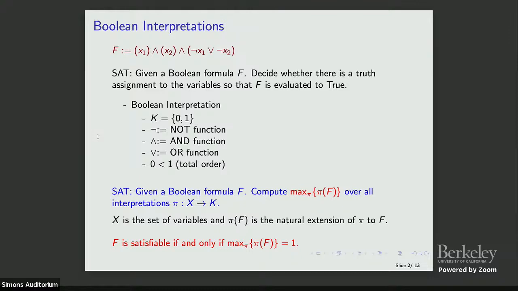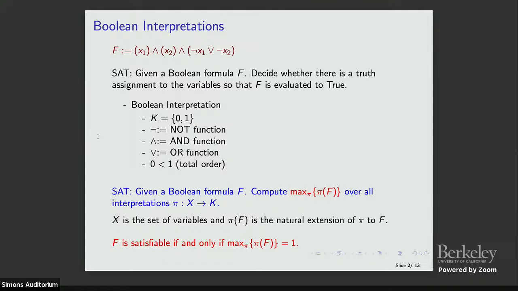But if you step back and think about this in the Boolean logic setting, what we are asking is the following. We have this Boolean ring, and we can interpret AND and OR functions as we naturally do, and we can also order these elements, 0 being less than 1.